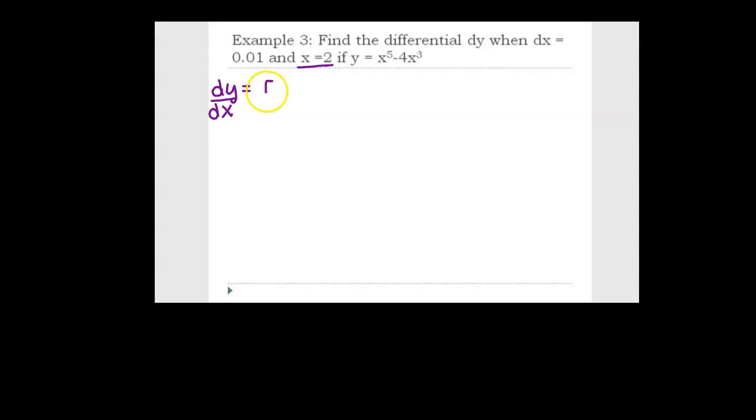Derivative of x to the 5th is 5x to the 4th minus 12x squared. If I'm finding dy, how do I get rid of dx? We're going to multiply both sides by it, right? And now we're just going to fill everything in. They told me x is 2 and dx is 0.01.